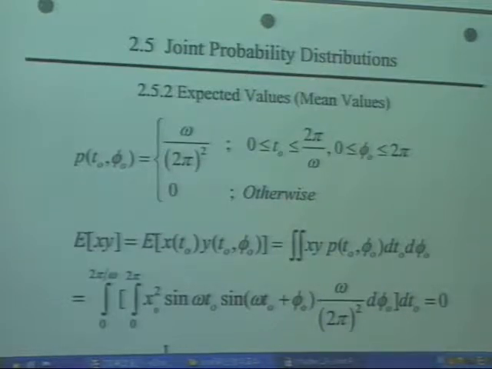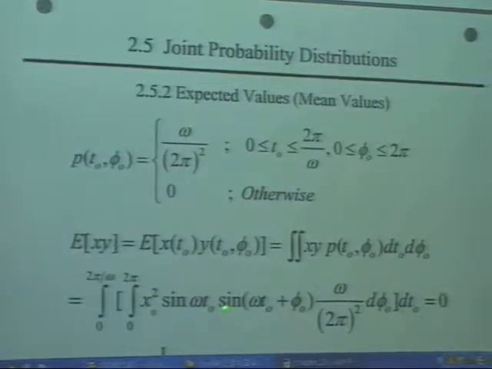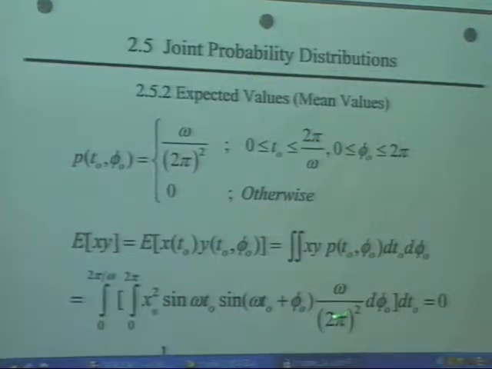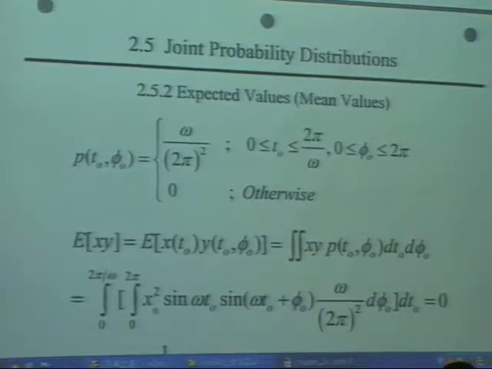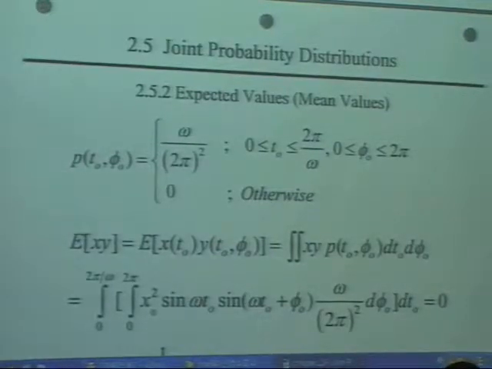So it's very clear. So which is x naught square sine omega t naught, and another one sine omega t naught plus phi, and the probability density function. If you do the integration, it's easy to look, but you have to do the calculation, okay?